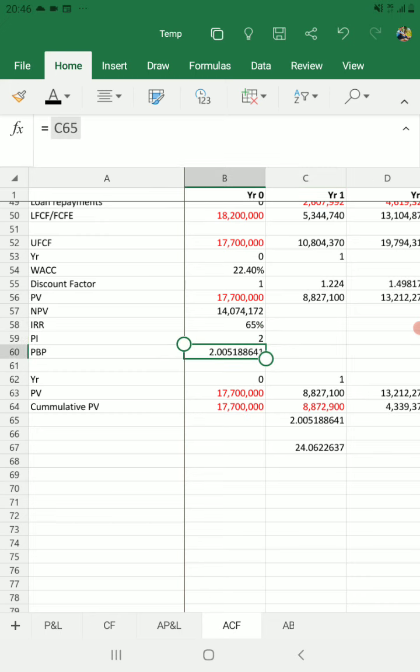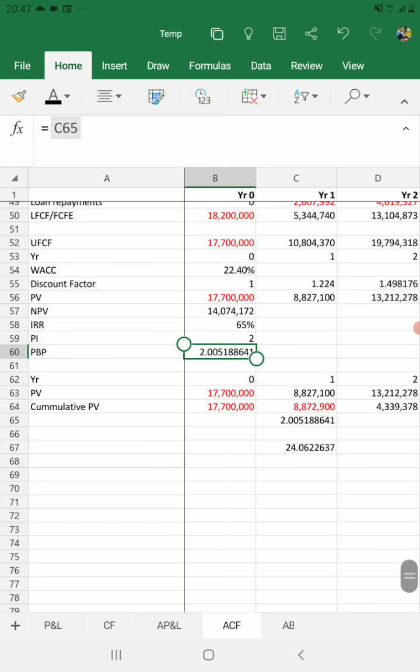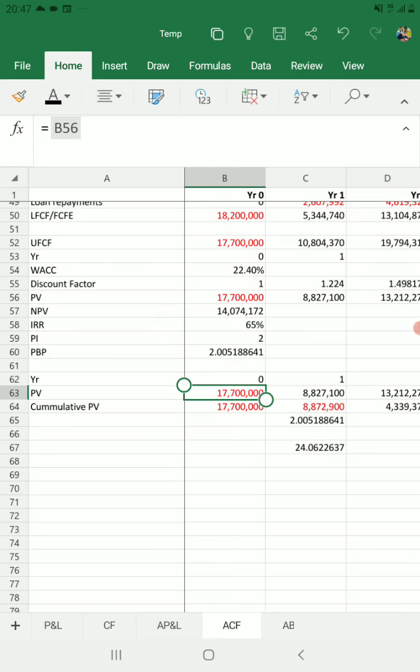For the payback period, it is the same, and this one is also the break-even. We have put the present value of the cash flow as a calculation, and we have accumulated it.